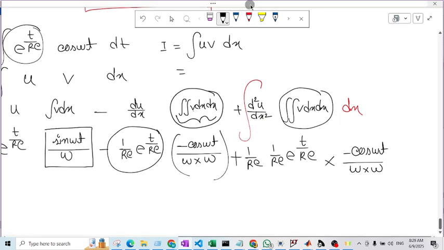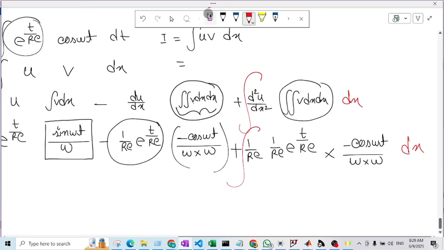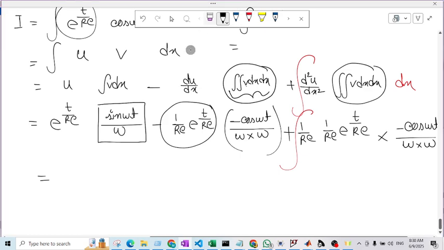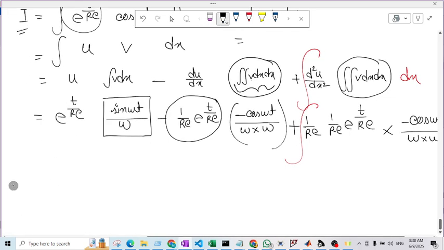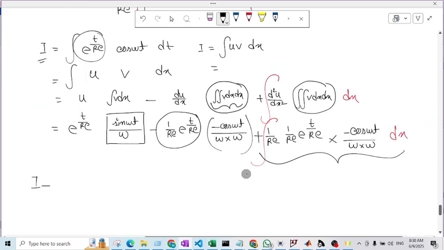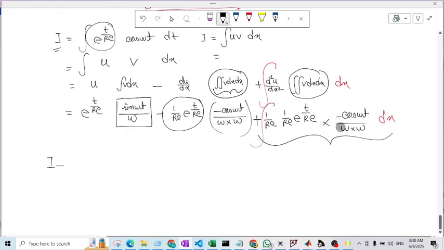Okay, so a long series, right? No problem. Now what I will do, let's write this I here, then take the last term at the left hand side, then we have a minus here.